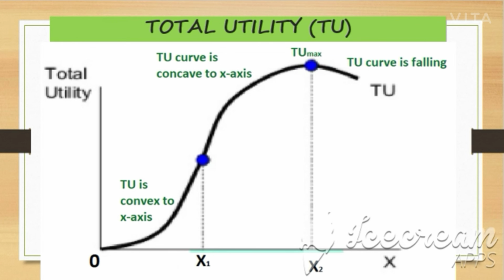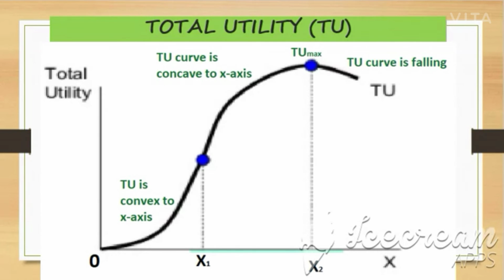In the last graph, we saw that the total utility curve is concave to the x-axis, but the conventional shape of the total utility curve is shown in this graph. Initially, as the consumption increases, total utility also increases at an increasing rate. This is shown in the range 0 to x1, where it is convex to the x-axis.